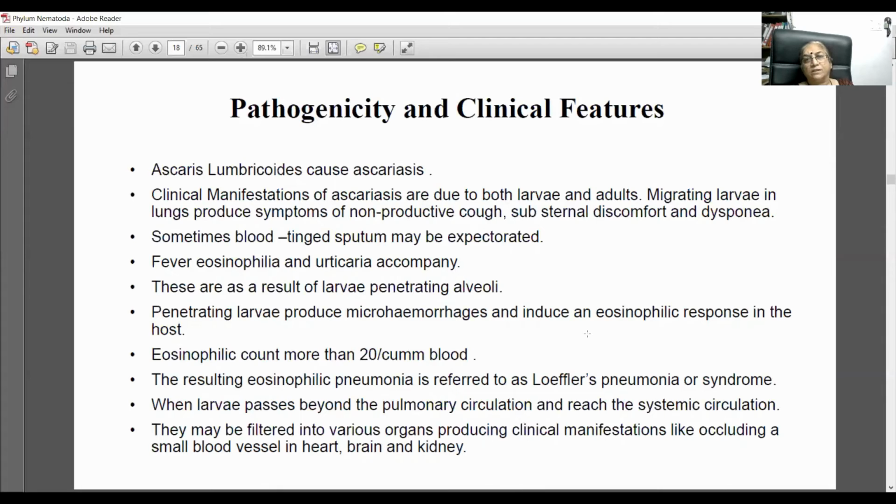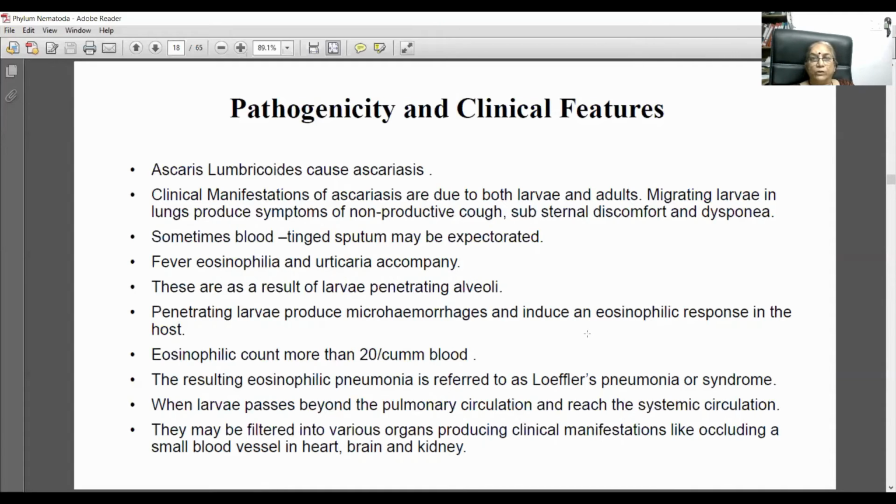They will also cause substernal discomfort and dyspnea, that is difficulty in breathing, because once they are present in the lungs, they develop from 0.2 mm to 2 mm and stay in the lungs for 10 to 15 days.